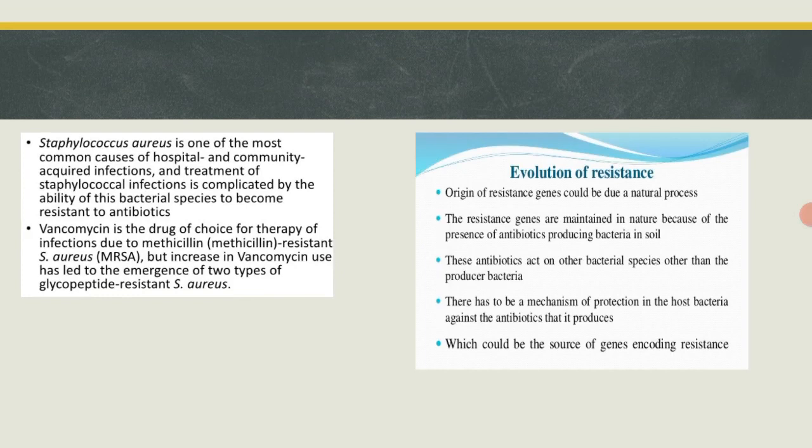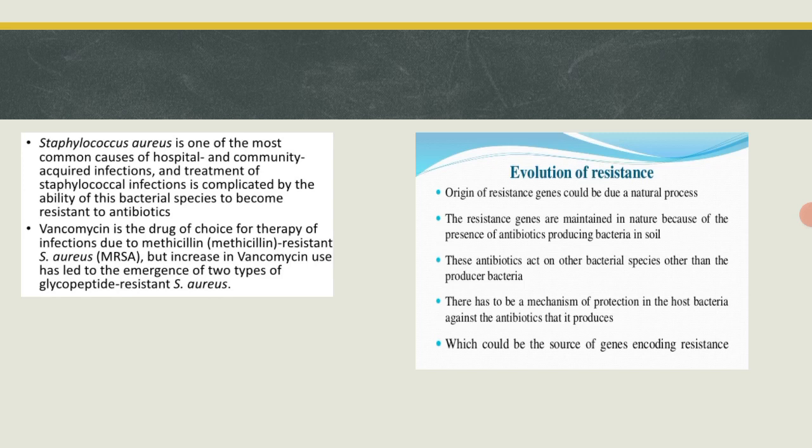It has developed resistance against many antibiotics, due to which it is difficult for us to develop new antibiotics very fast against these mutant strains of S. aureus. Okay, now first the S. aureus was treated with penicillin. Then S. aureus developed resistance against penicillin.